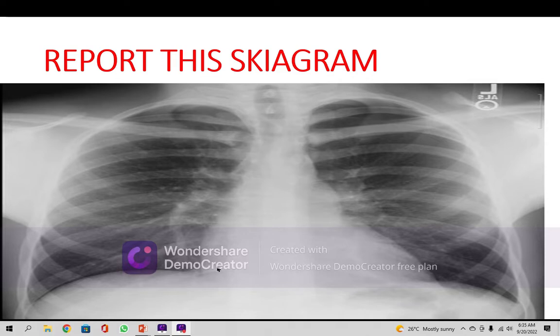Soft tissue shadows around it, here, in the middle part, in the upper neck, side of the neck, normal. There is no abnormality visible in this X-ray. So soft tissue shadows are normal. Trachea is slightly deviated towards the left side, which should be neglected because of the positioning of the patient. You cannot comment on it. Trachea ends at the sternal angle.